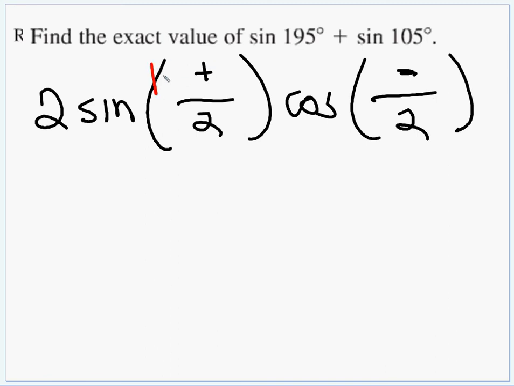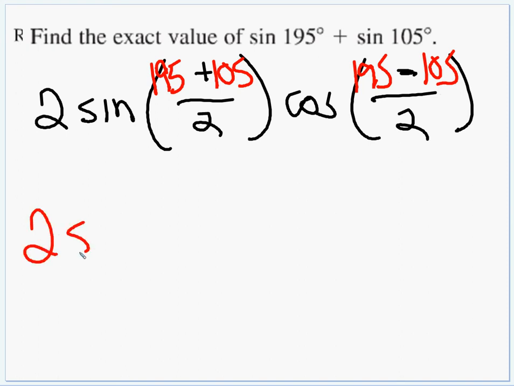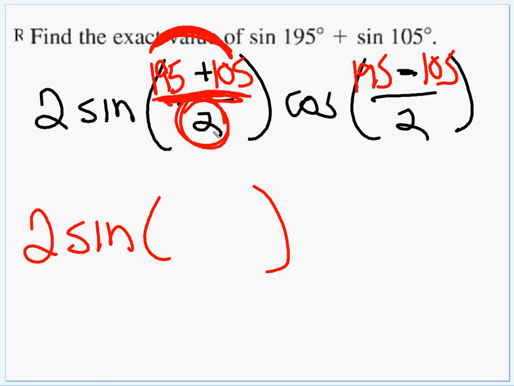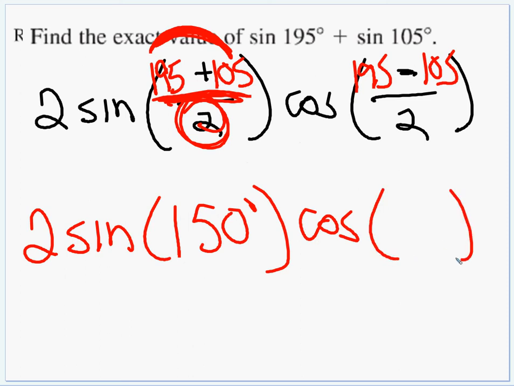And we plug in the angles, 195 and 105. So that becomes 2 sine of, if we add those numbers in the numerator, you get 300, and then you cut that in half. Half of 300 is 150. And then we're going to have the cos of, if we subtract, 195 minus 105 is 90, and cut that in half, and you get 45.